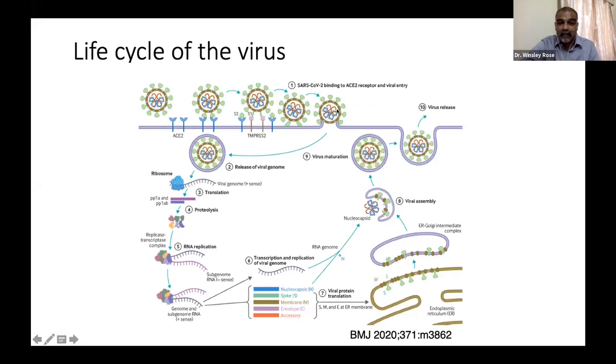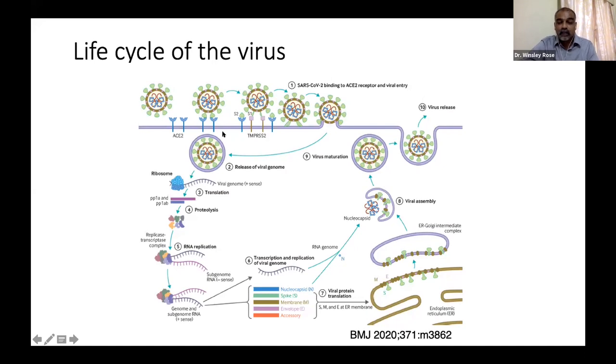There is endocytosis, and the viral genome gets incorporated into the cell, then there is translation of the single-stranded RNA, RNA replication, and finally transcription. The membrane protein, the envelope, and the accessory proteins are produced in the Golgi apparatus, and the viral assembly happens within the cell, the virus matures, and then the virus is released. That forms the life cycle of the virus.